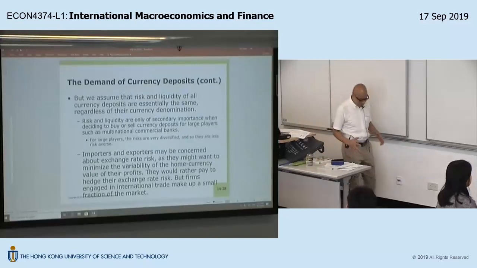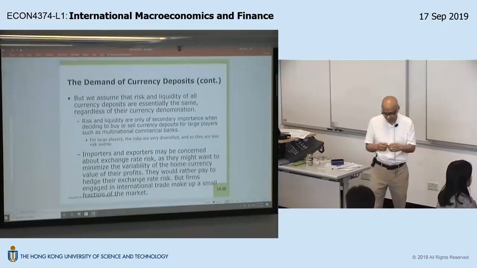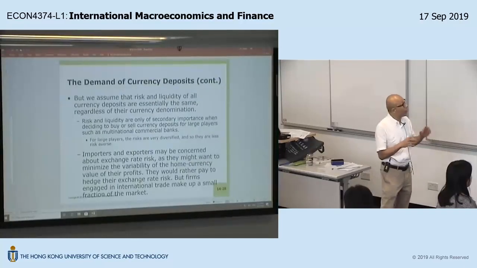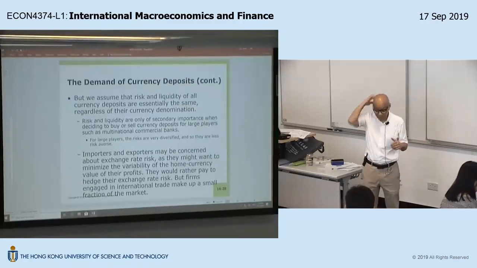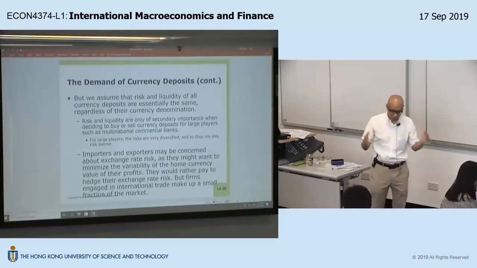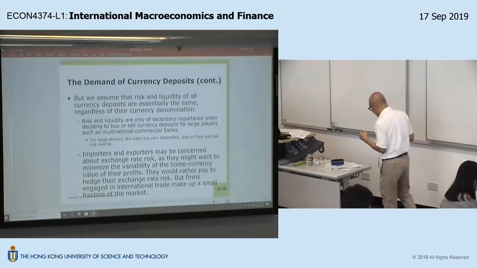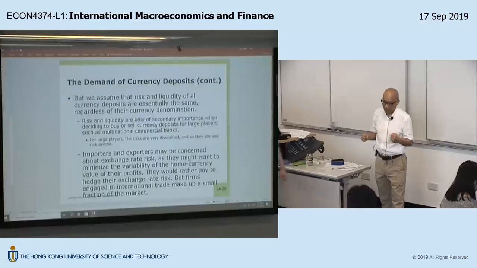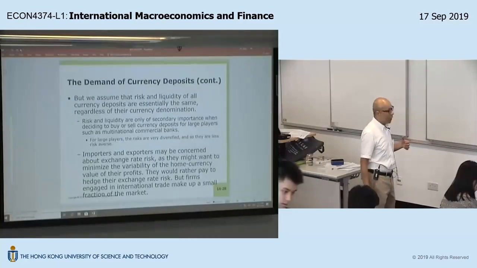Especially because in the foreign exchange market, the players are usually very large. As we mentioned, commercial banks, for example, Citibank, UBS, HSBC, all these banks, they are very, very large players.